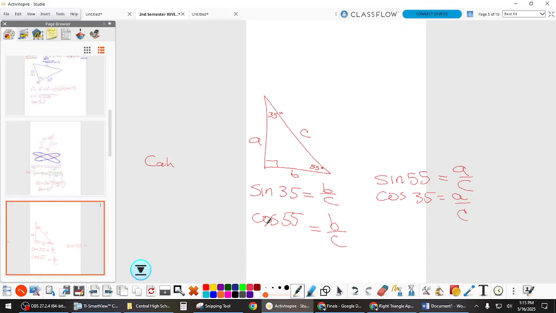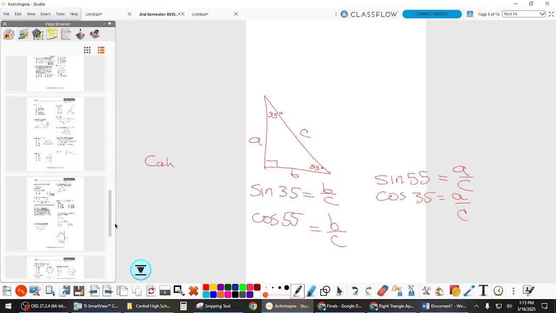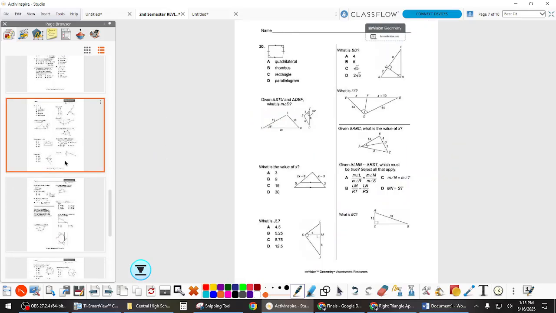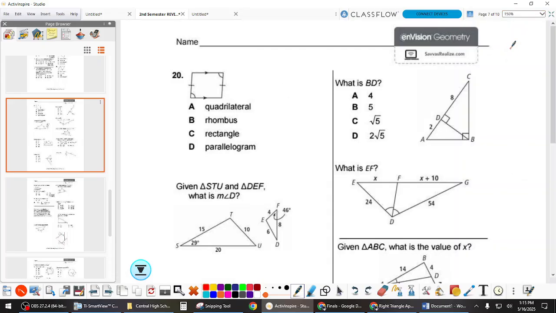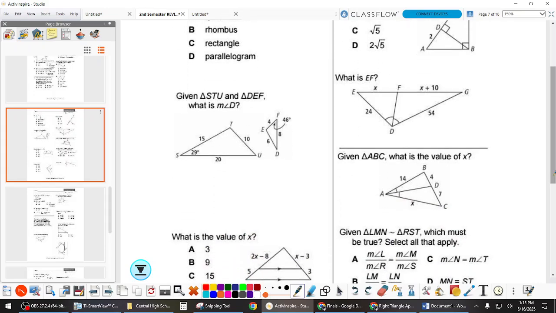No, just show me. That one. Alright, so she's talking about this, page 2, right side, asking about EF. So this one. Anybody remember how to do that one?